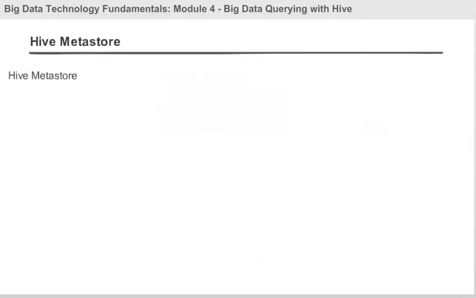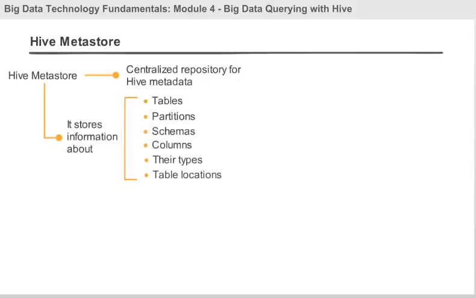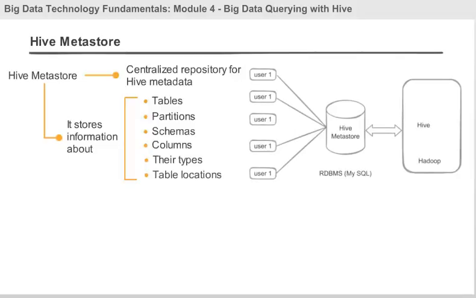The Hive Metastore is a centralized repository for Hive metadata. It stores the information about the tables, partitions, schemas, columns, types, and table locations in HDFS. The Metastore is the bond between Hive and HDFS. It tells Hive where your data files live in HDFS.